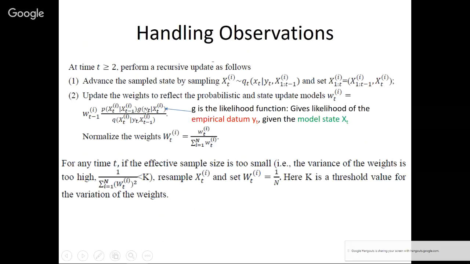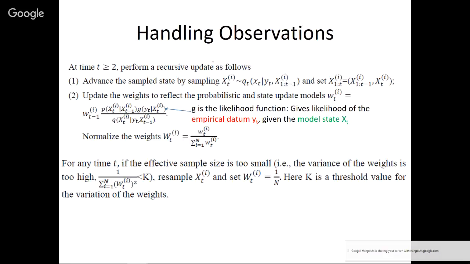By contrast, if what we observe from the world is very unlikely to occur under what we posit about the world, if g of y of t given x of t is very small, say we posit a population with very few people with suicidal ideation, and we observe a large number of attempts, it's going to be very unlikely that we would see that situation given what we posit about the world for this particle.